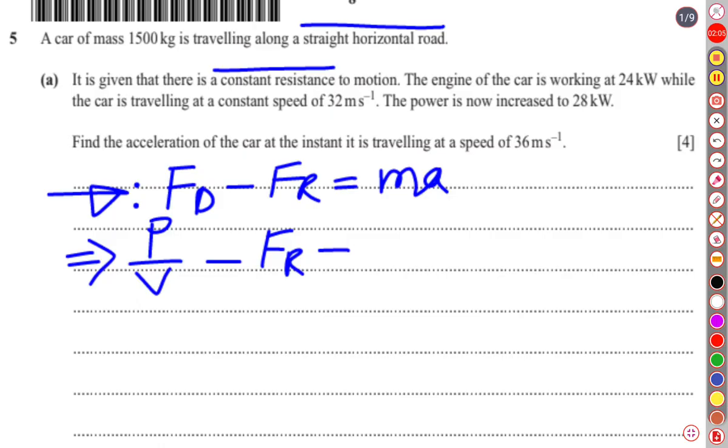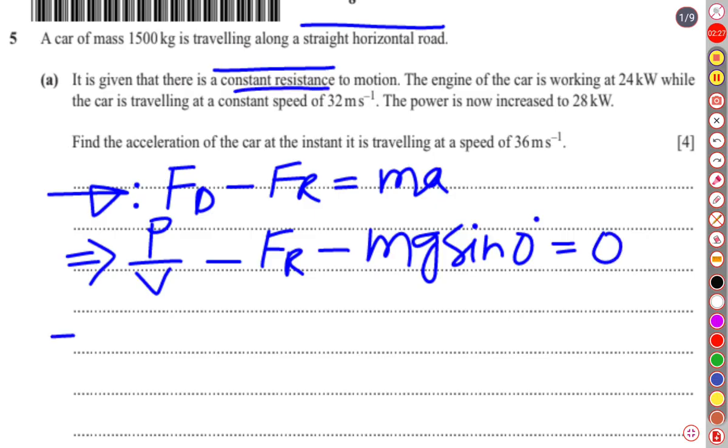Actually we don't ignore it. Let's see, mg sine 0 degree, because this is exactly along the horizontal road. Mg sine 0 degree is equal to mass into acceleration. Look, as it is traveling at a constant speed, there is no acceleration at all.